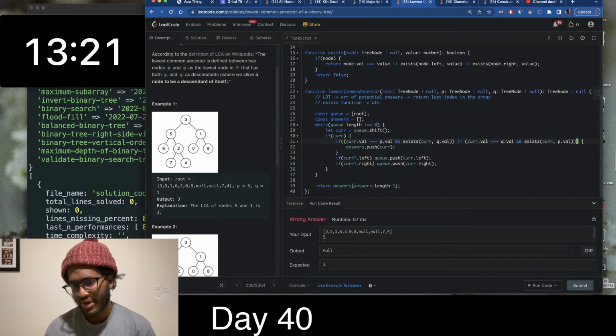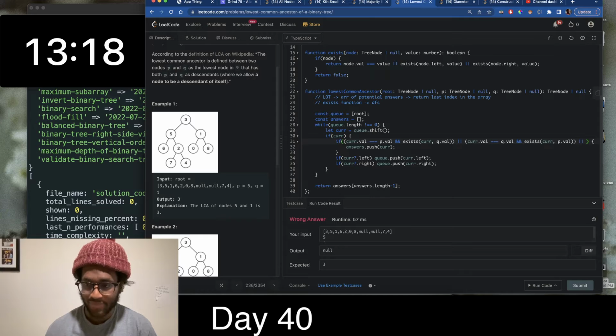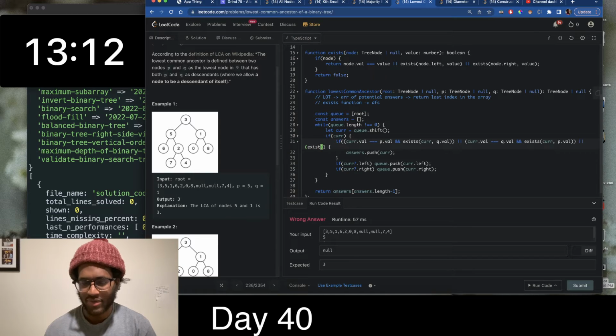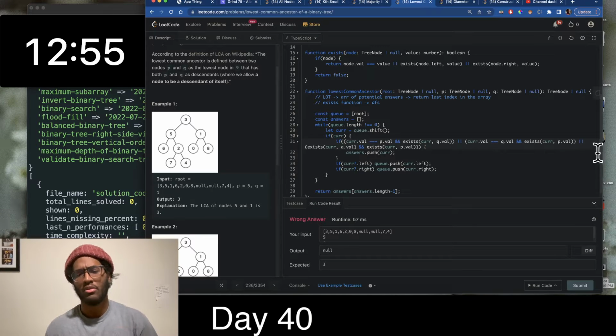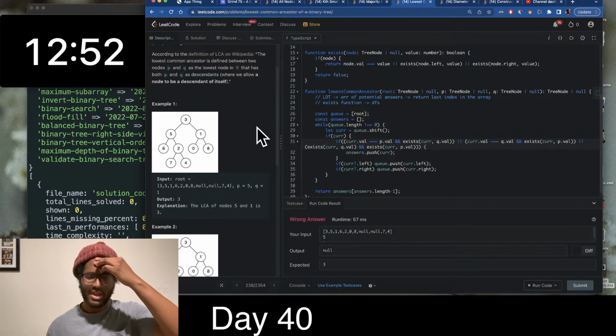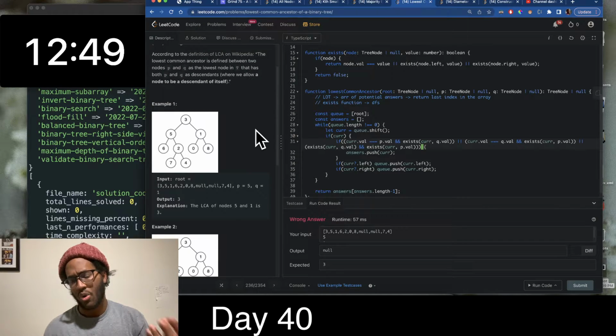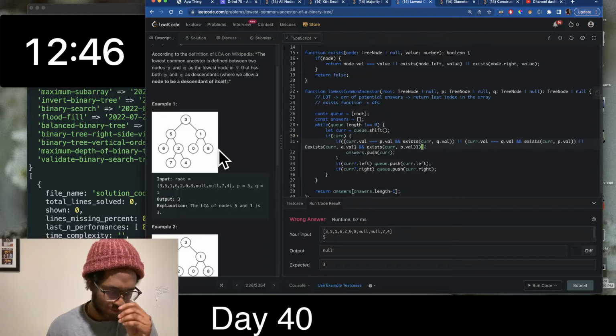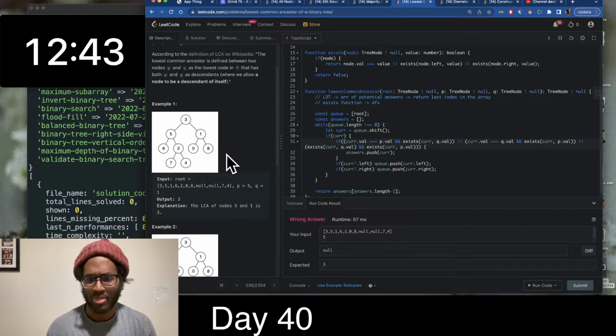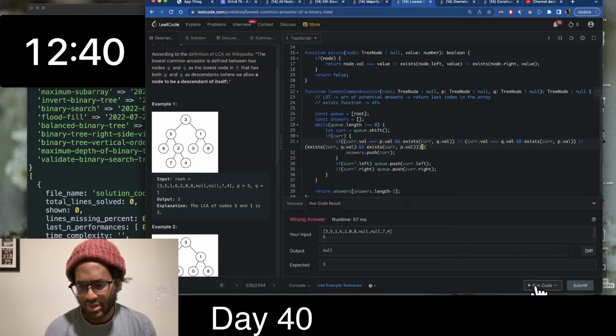We actually want one final case, or, right, we call exists for cur with q.val, and exists for cur with key.val. So if one of them can be used as the node and exists, or if the node itself can't be used as a node and it just exists as part of the subtree, then we would be in business as well.